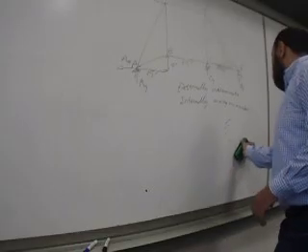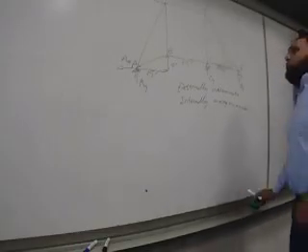So it ends up with what? There's one member less, but it is stable and determinate.